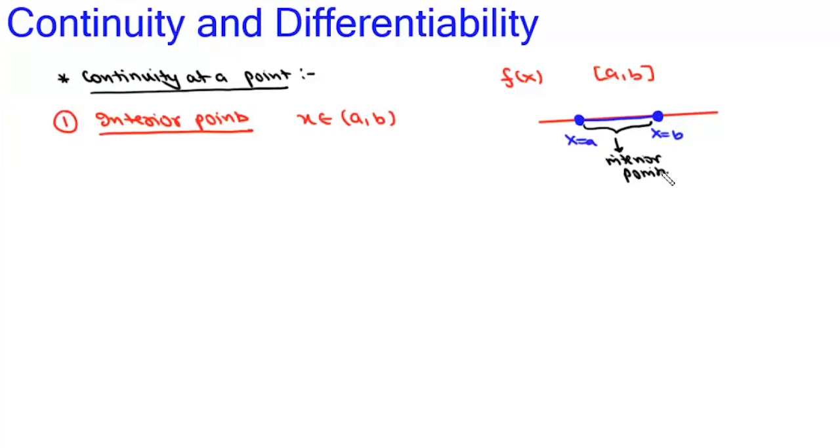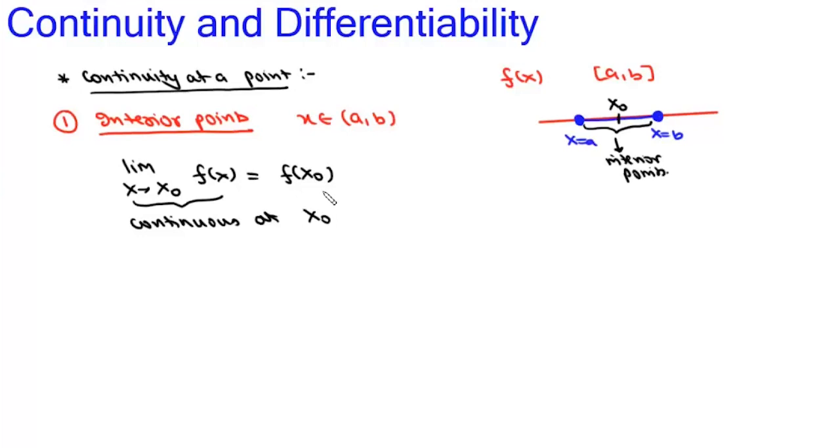Now, if a function is continuous at an interior point, say x naught, then the limit as x tends to x naught of f(x) must be equal to f(x naught). So this function f(x) will be continuous at this interior point x naught if this limit exists and it is equal to the value of the function at that point, which is f(x naught).